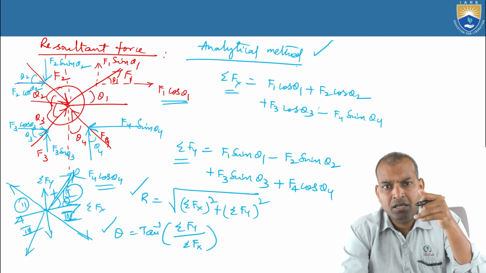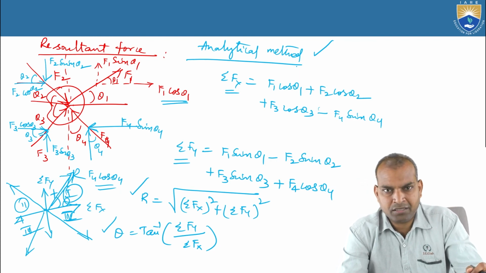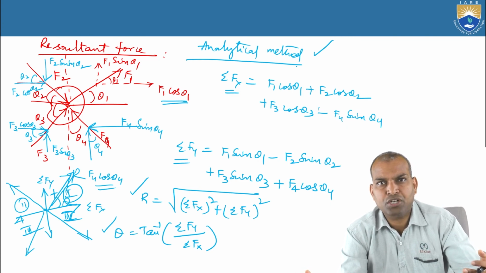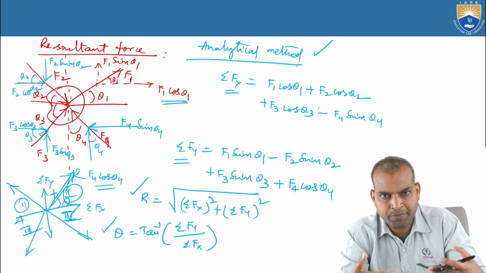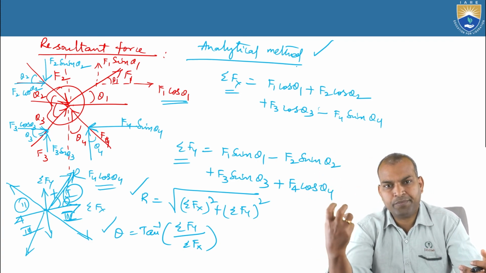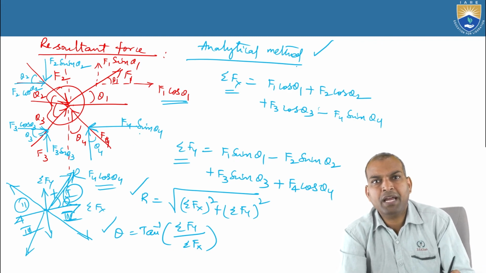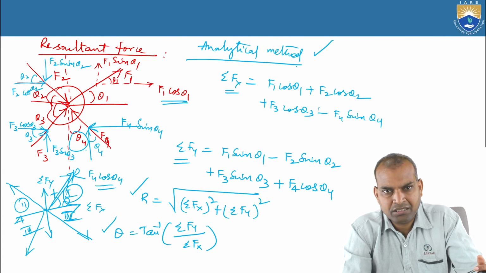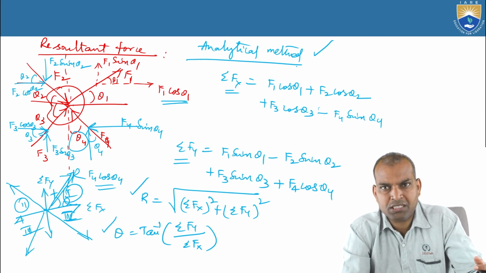The other is where three forces act towards the particle, compressive in nature, and one force acts away from the particle, with the angle made by force F4 taken with the vertical axis. By considering the nature of those forces, we found the resultant force, not only its magnitude but also its direction and point of application.